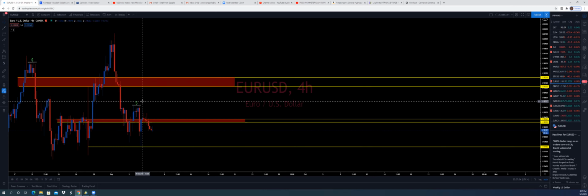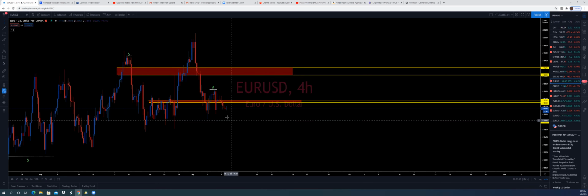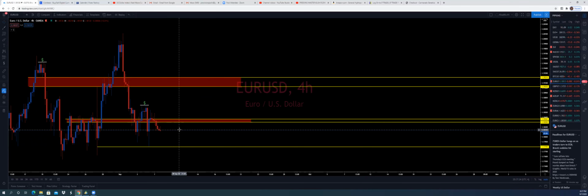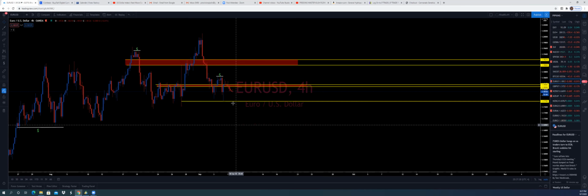So if we're expecting the dollar to go bullish, then of course we're expecting Euro USD to go bearish. We should see this move sometime in between now and London Open, which is at 2 a.m. in the morning. So we'll have to wait and see.